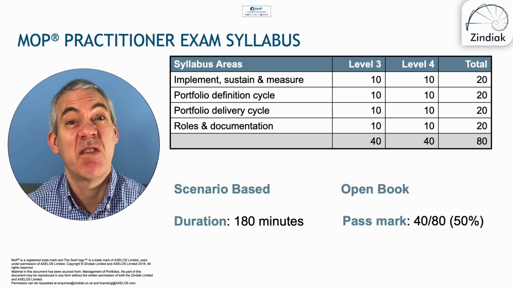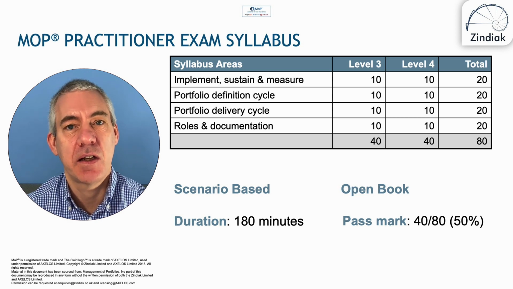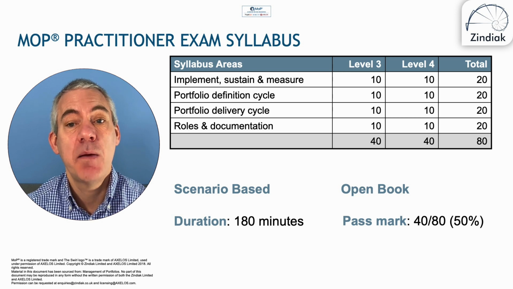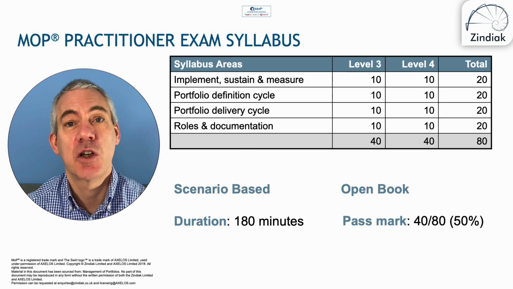Each part has several sub-questions within it, and the total of the little actual questions is 80, so you need 40 out of 80. But you can see the 4 syllabus areas there: implement, sustain and measure, the portfolio definition cycle, the portfolio delivery cycle, and roles and documentation.